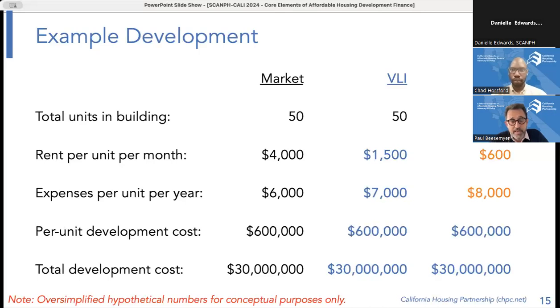That statement should really be housing is too expensive in California, because research has proven, and the partnership just put out a newsletter a couple months ago on this point, that there are no statistically significant differences between the cost of developing market rate units versus affordable units.